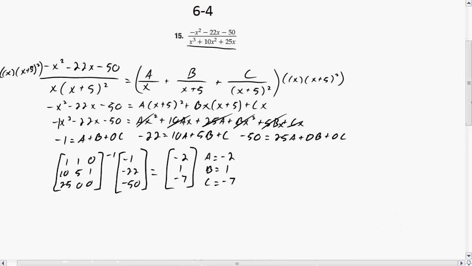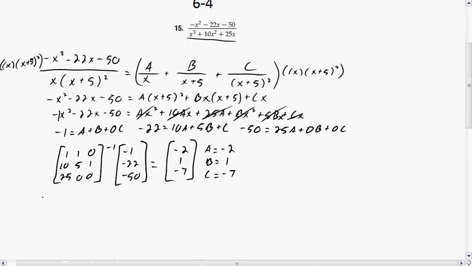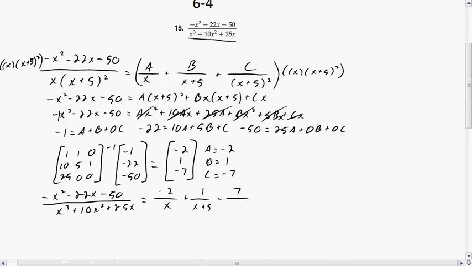And so for the answer, negative x squared minus 22x minus 50 over x cubed plus 10x squared plus 25x is going to equal negative 2 over x plus 1 over x plus 5 plus negative 7 over x plus 5 quantity squared.